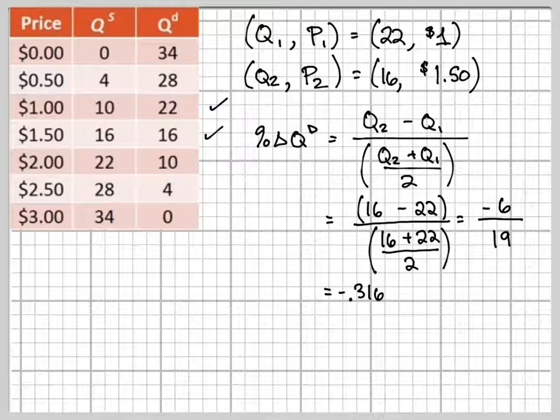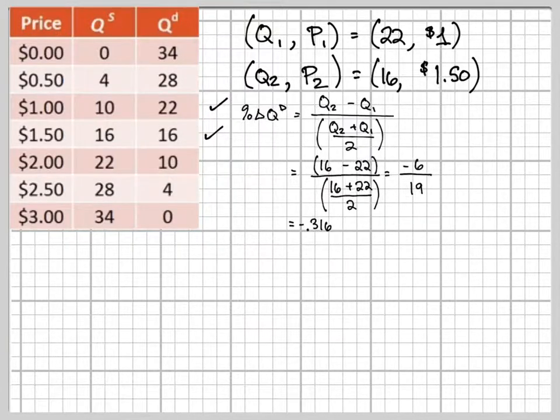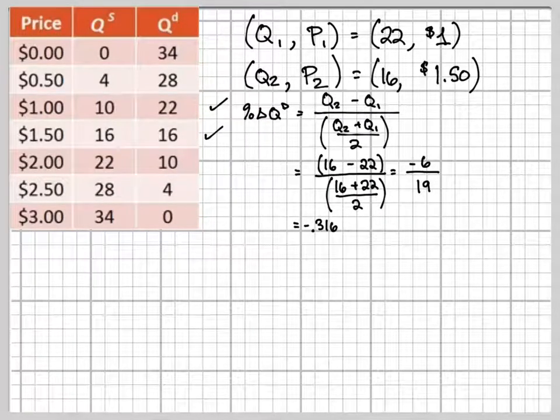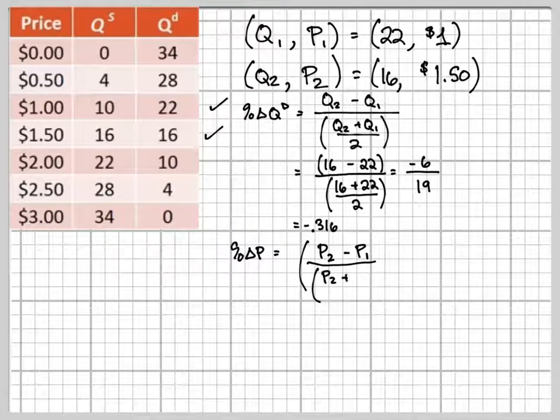All right, let's do the percent change in price. So the percent change in price is P2 minus P1 over P2 plus P1 divided by 2. And again, it looks like a mess, but it's not difficult work. So P2 is $1.50.